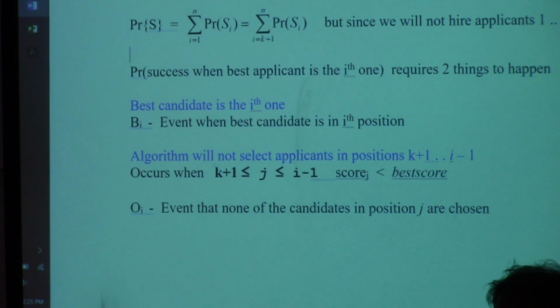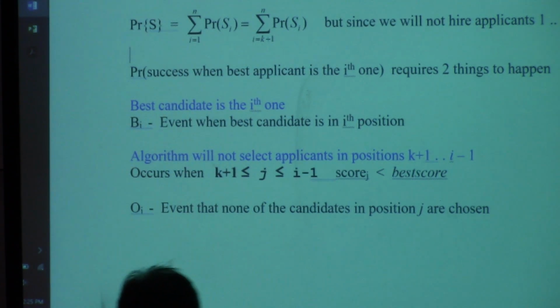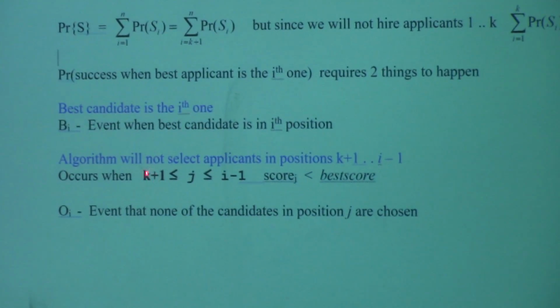But it's also increasing the probability of hiring the last person by default. So we need to find out when k is going to give us the optimal behavior. That's what we're looking for. So this will occur when the j index, which is the people at k plus 1 through i minus 1, when their score is less than the best score. If that happens, we will hire candidate i.